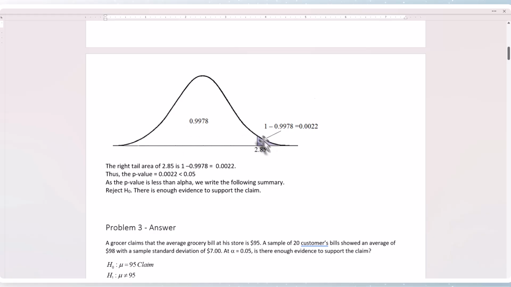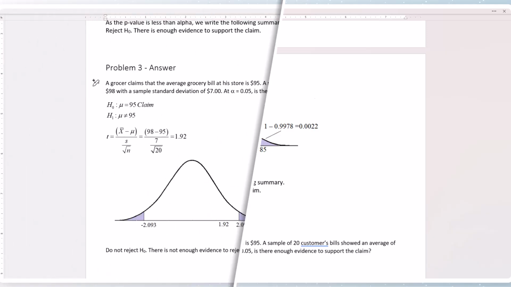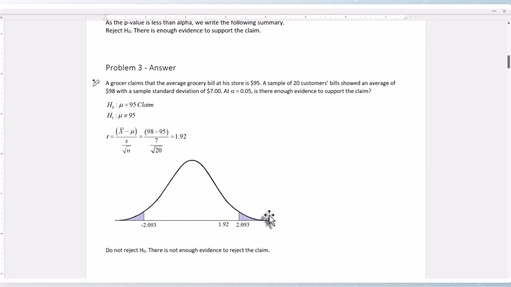We want the tail area, so 1 minus that, 0.0022. We now compare the p-value to alpha, 0.05. Since the p-value is less than alpha, we reject H naught, and then using our summary chart, there's enough evidence to support the claim.